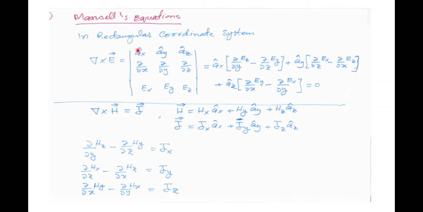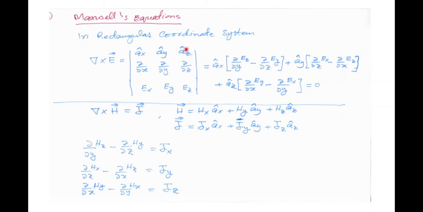Ignore the first column and first row, then the product of partial by partial y and Ez minus partial by partial z into Ey gives the x component of del cross E, the curl of E. Similarly, ignore the second column and first row, and then multiply partial by partial z with Ex and partial by partial x with Ez, giving us the y component of the curl of the electric field.